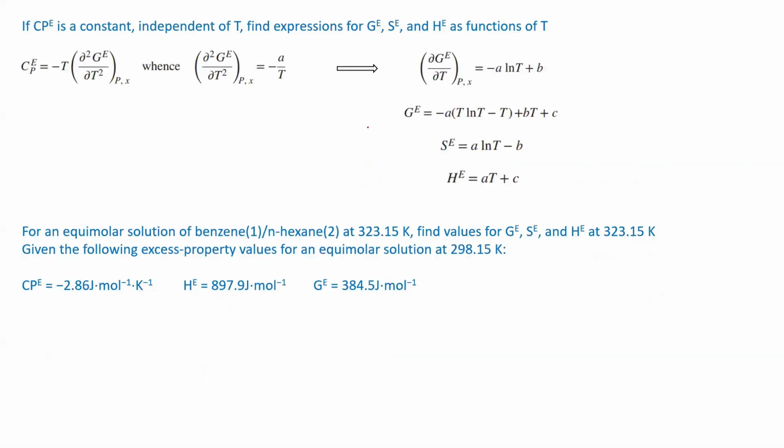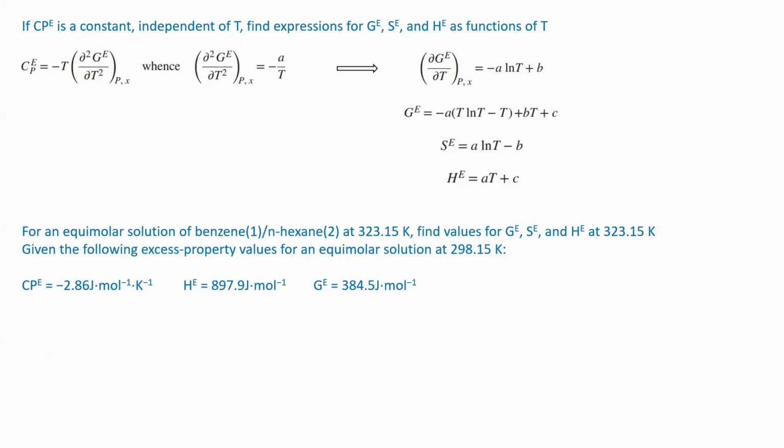Now, for example, if I say the CPE equation, I know this is all empirical. So if it is a constant and independent of T, find the expressions for GE, SE, HE as functions of temperature. I'm just trying to explain how it is working here.